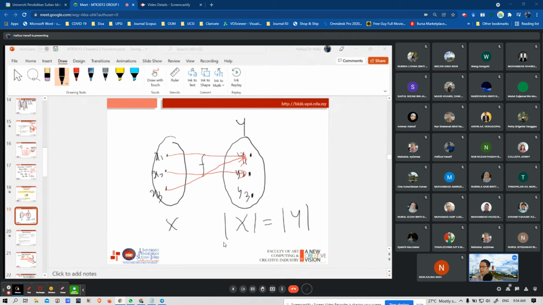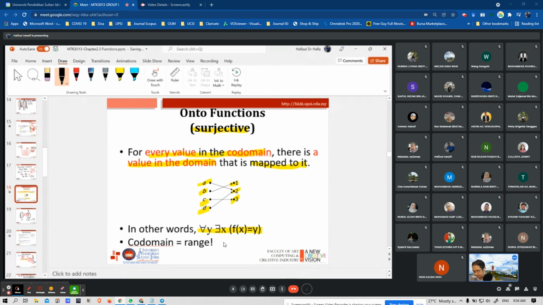So it's a very good test if we see a function in the first place. The cardinality should be the same. This one is for injection. Later we will see the inverses for this one. This one is surjective.